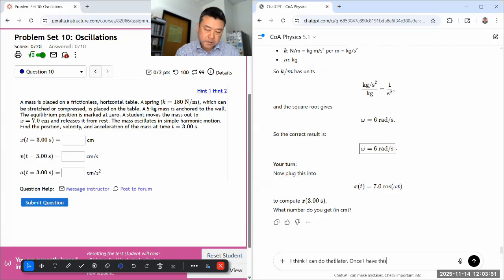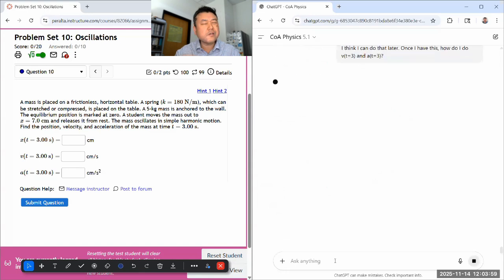Once I have this, how do I get v of t and a of t? When you ask a direct question like this, it should answer. It should tell you to take the derivative, and it might even tell you the actual functions themselves, because I'm asking it a direct question.